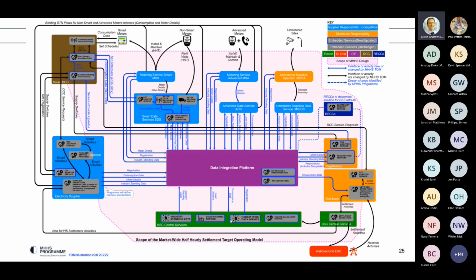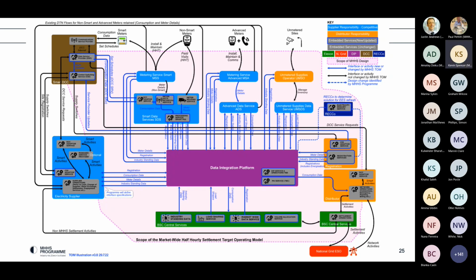We have designed it where you could have partial data for a day, which feeds its way through into central services as well. So the data in a flow will normally be for a settlement day, but it might cover a partial settlement day as well. Is that right, Kevin?